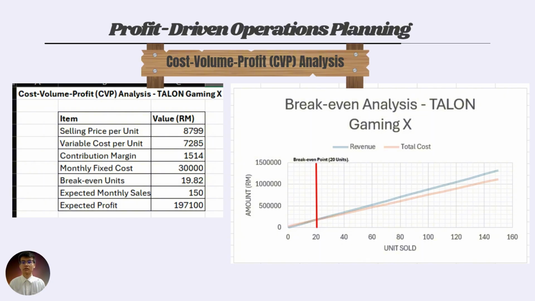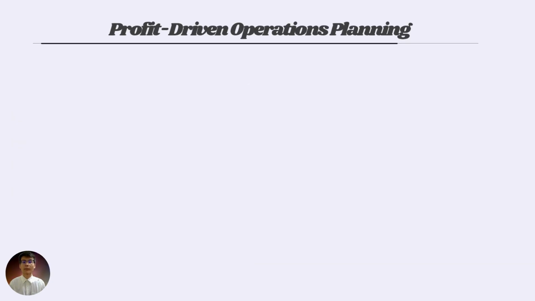By using the CVP analysis, management can make better production and pricing decisions while maintaining a high profit margin. For example, we need to sell 20 units of the computer to maintain the profit margin.